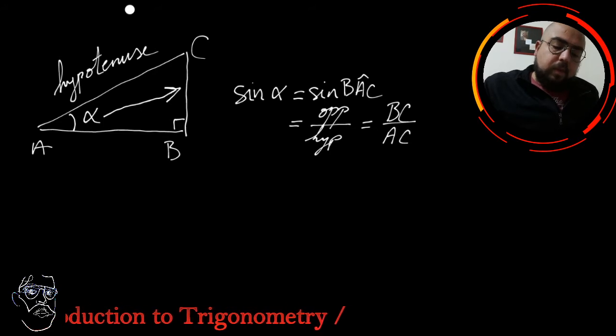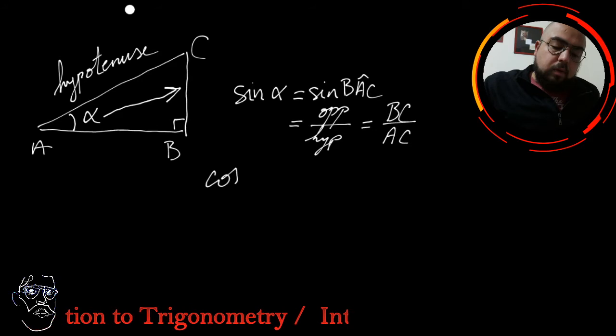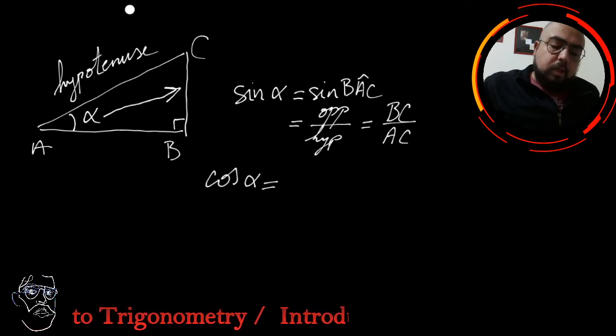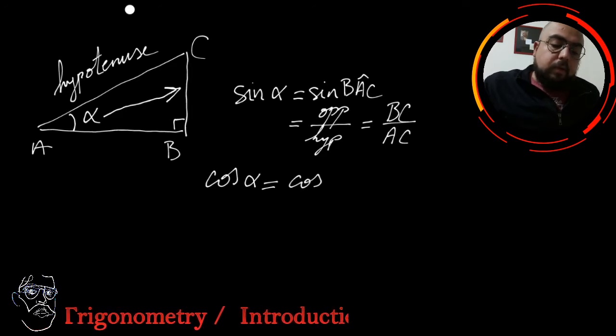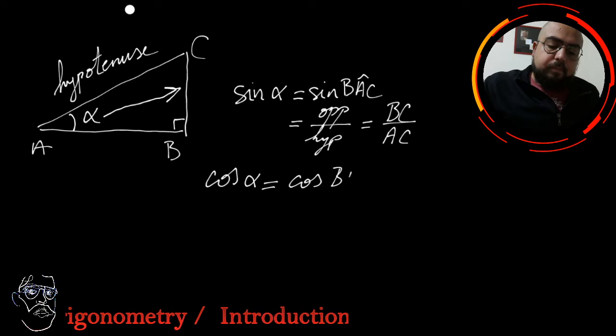Now, the second trigonometric function is cosine. It is written as cos alpha. Cosine alpha is of course the same thing as cosine of the angle BAC.